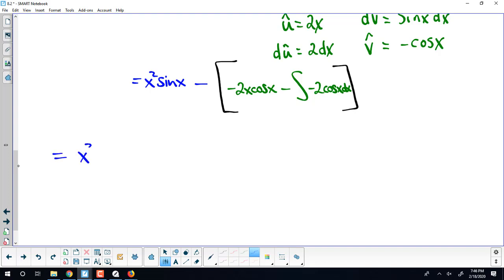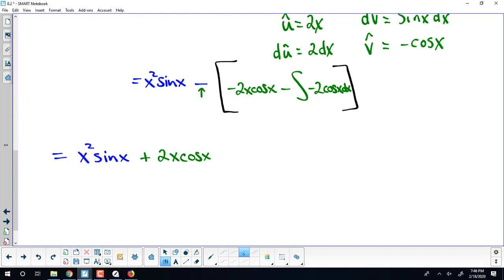Okay, so we have our x squared sine x. We've got a minus 2x cosine x. And then we have a positive integral here, with distributing this negative out front.